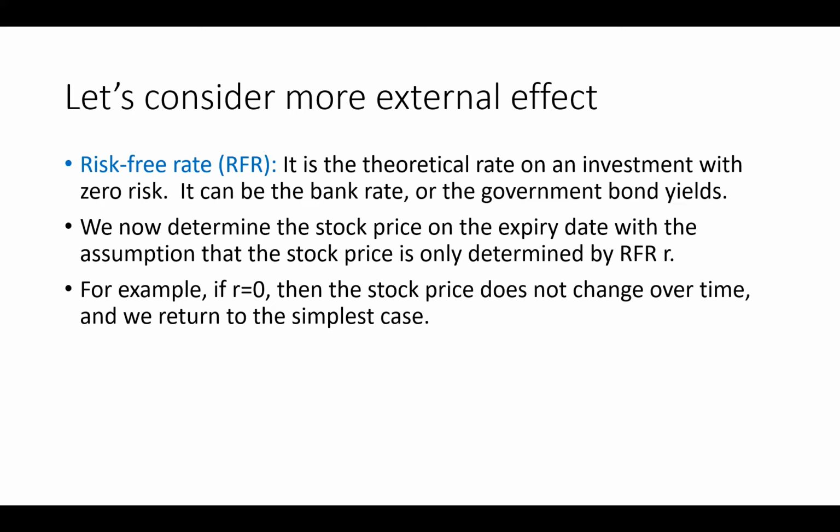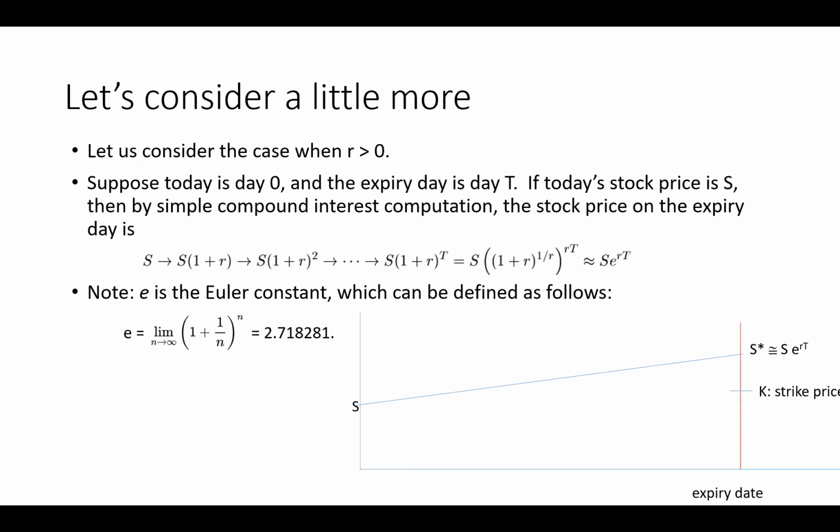In theory, if you are buying a stock and there's no other particular external effect on the stock, which follows the risk-free rate, that is what you get from, say, a fixed deposit or buying a US bond: every day you will get some interest.